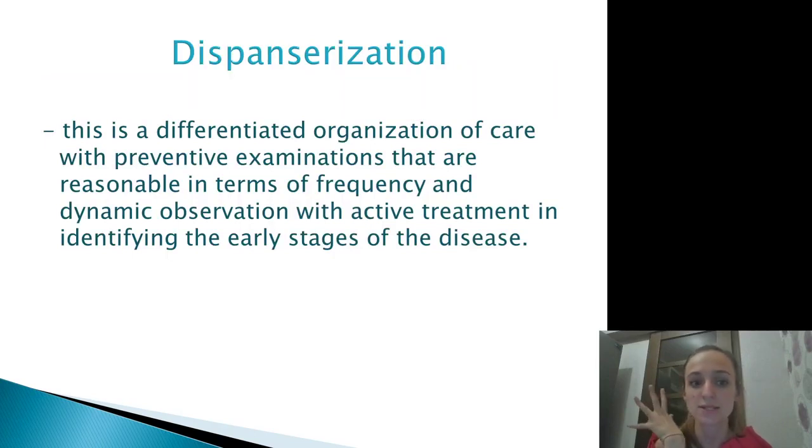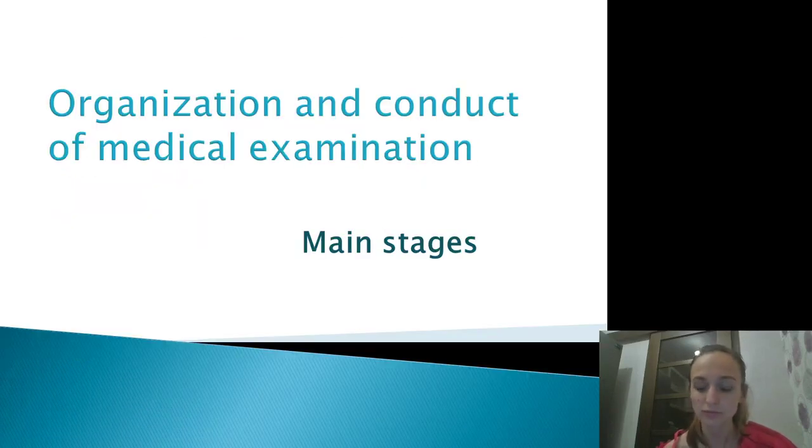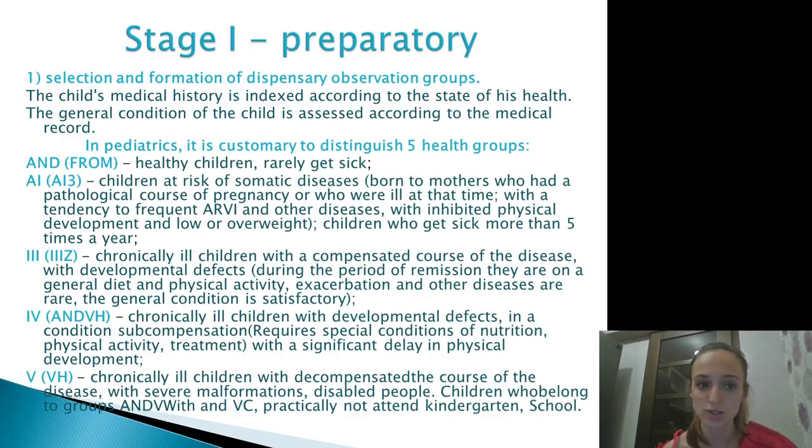Dispensarization. This is a differentiated organization of care with preventive examinations that are reasonable in terms of frequency and dynamic observation with active treatment in identifying the early stages of the disease. Main stages.